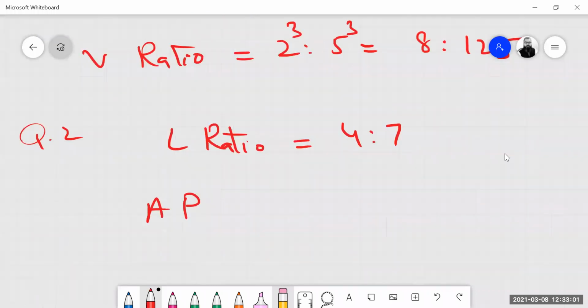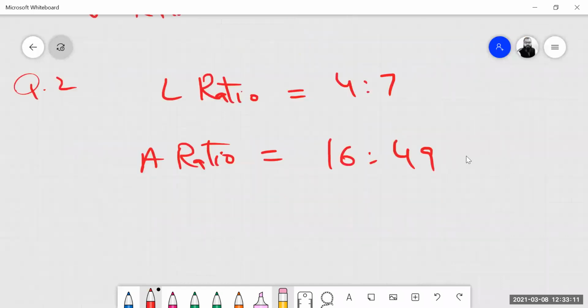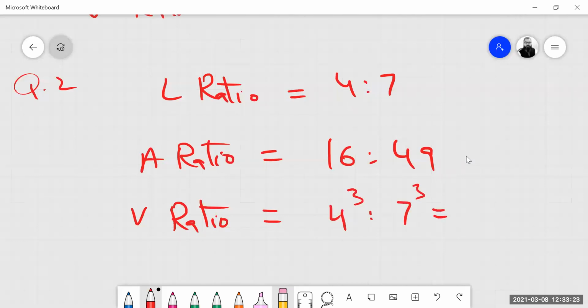It will be 16 and 49. And for the volume ratio, we put 4 cube and 7 cube. 4 cube is what? 64. And 7 cube is what? 343.